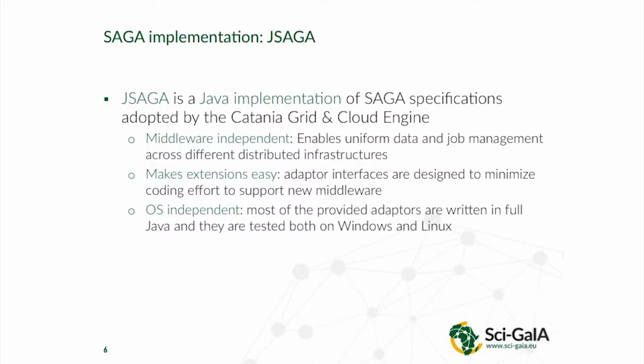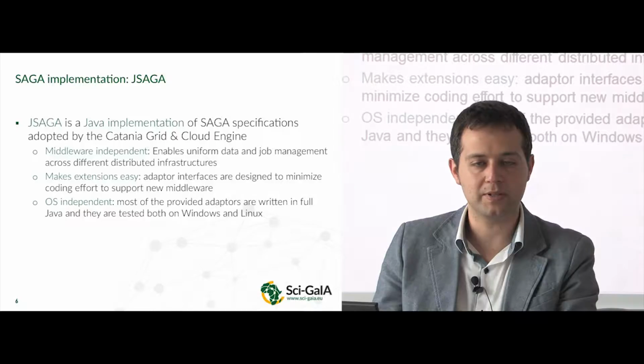But SAGA is an abstract specification. We need a library that implements this specification and provides an API to developers. There are several implementations of this specification.